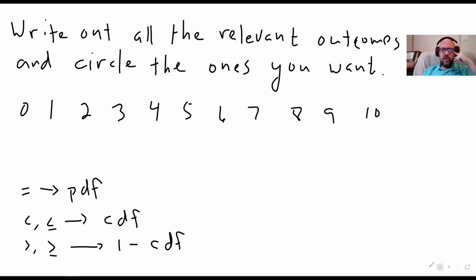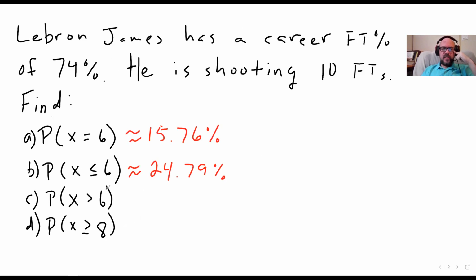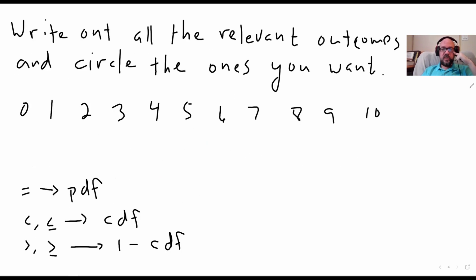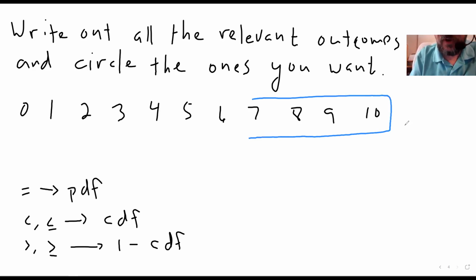So we were interested in the probability that x is greater than 6. Now our calculator won't do greater than, like I said, CDF just does less than, or less than or equal to. So greater than 6 is not including 6. 6 is not greater than 6. So 7 to 10, right? Those are the ones that we want.